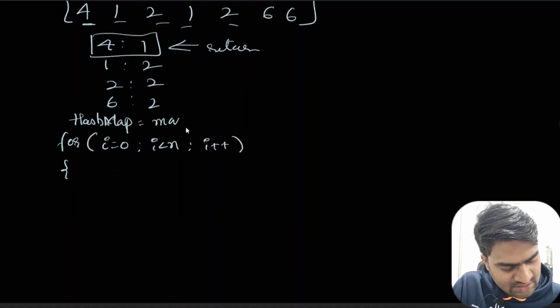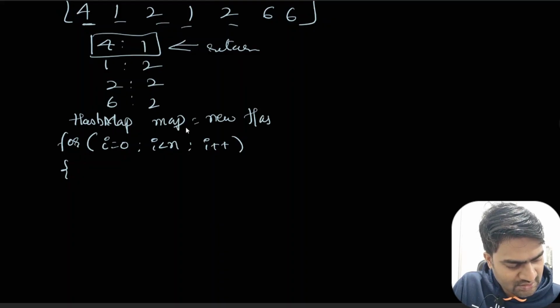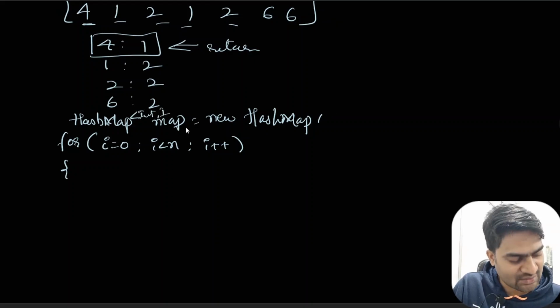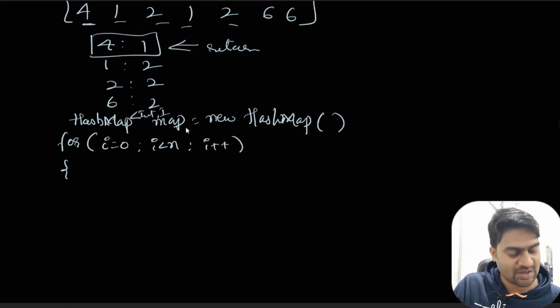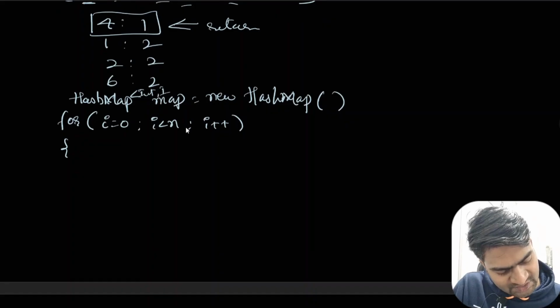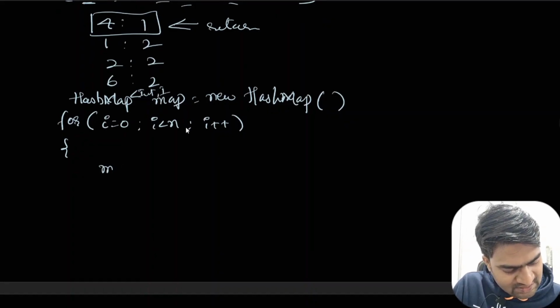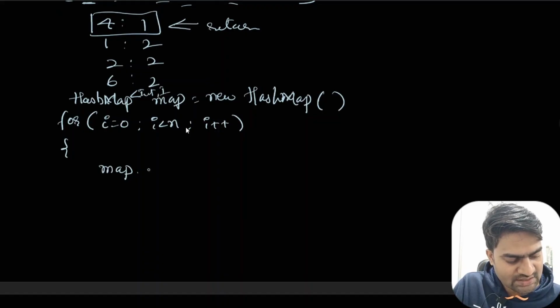Hash map equal to new hash map. It will take integer comma integer. We will see that in the code. Now I will simply count, that is map dot set in JavaScript and put in Java.